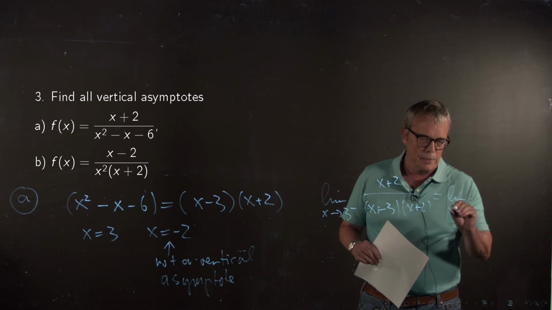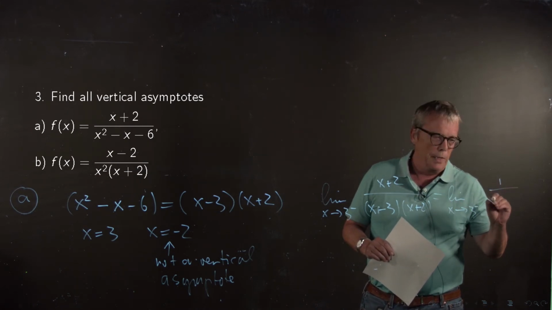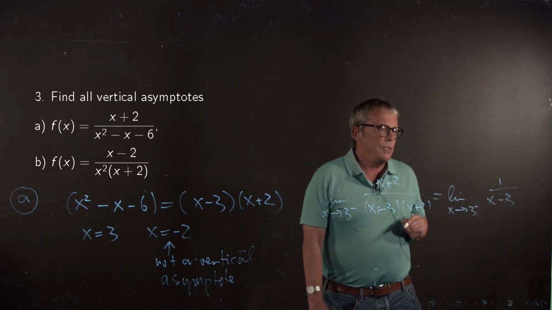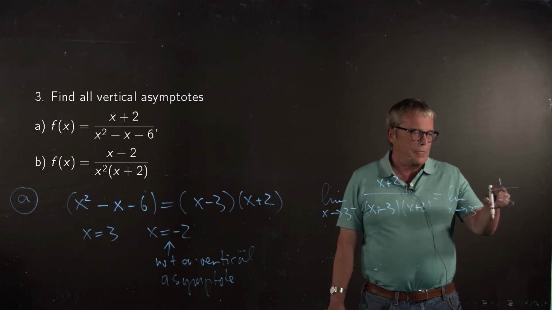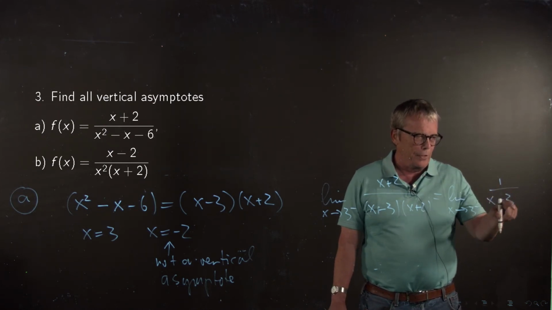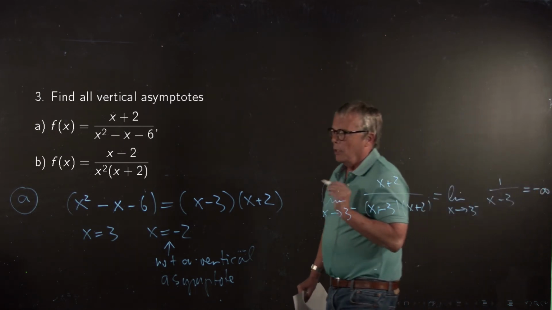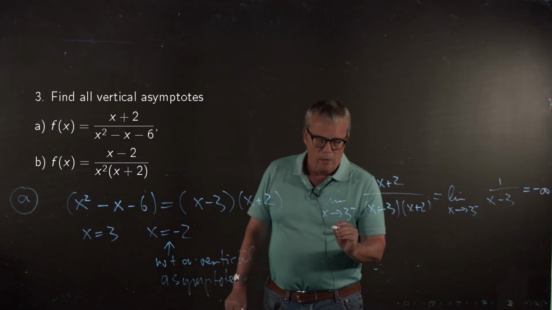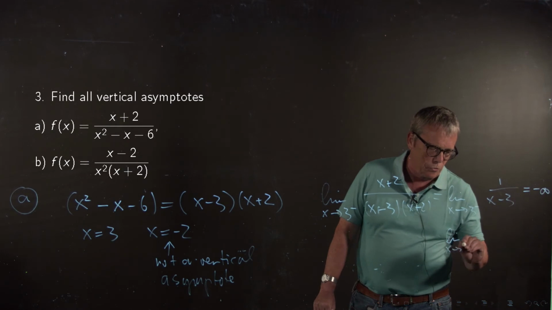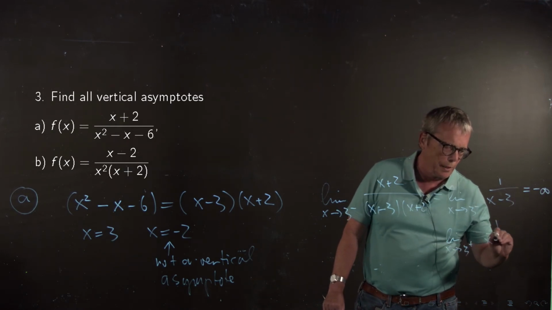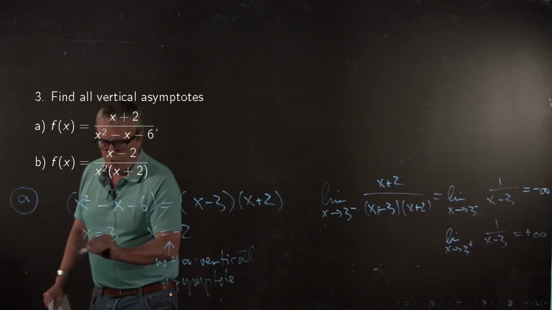So this is the limit for x going to 3 minus of 1 over x minus 3. If x approaches 3 from the left, this number is negative and closer to 0, so this should be minus infinity. In the same way we can prove that the limit for x going to 3 plus of 1 over x minus 3 is plus infinity. And this is then a vertical asymptote.